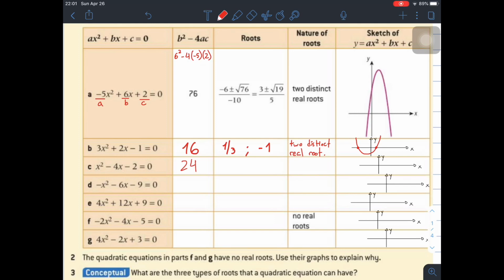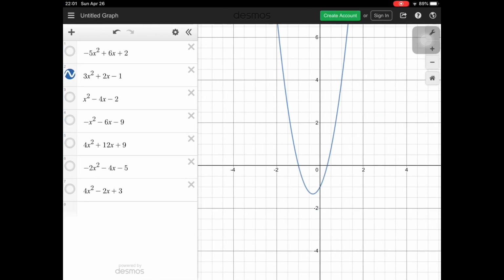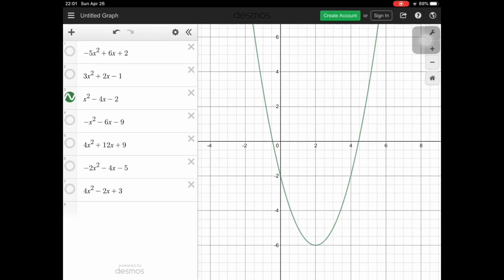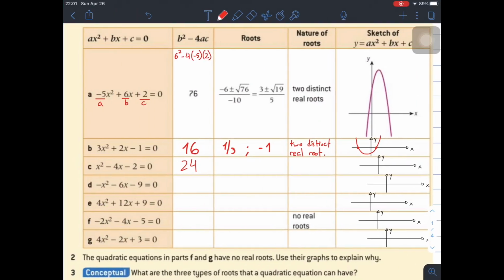Then, if we find the roots, let me do the graph for part C here. This is the graph. So the roots would be those two numbers, negative 0.449 and 4.449.